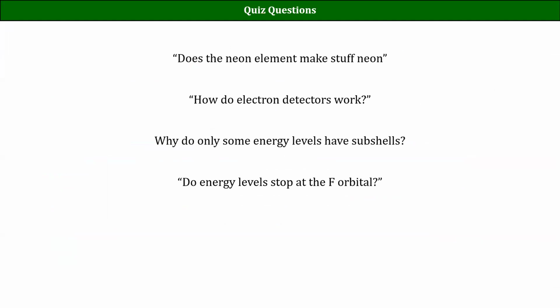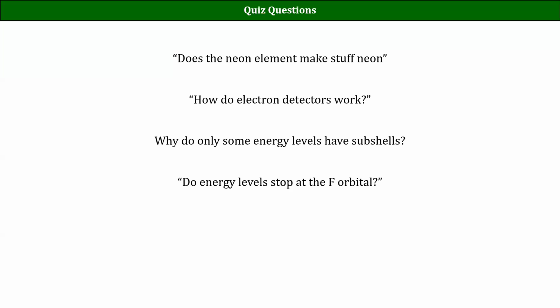How do electron detectors work? I thought that was a good question. Electron detectors work, the simplest version is actually exactly what we were just talking about. Old versions of TVs and computer monitors called cathode ray tubes, right? We learned about cathode ray tubes when we first learned about where electrons came from.